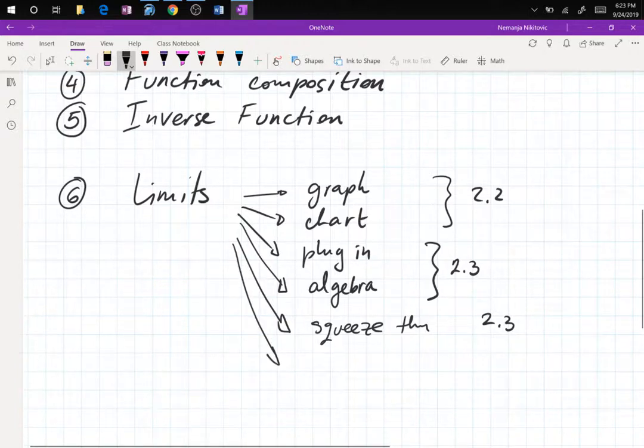And for limits, well, I think that's it. We have limits at infinity. No, sorry, first goes infinite limits.